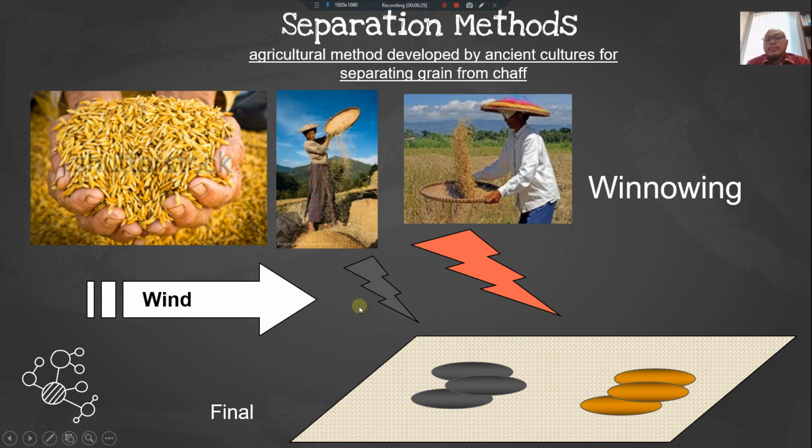For example, we have rice and chaff. Through the mechanical, repeated action, we can remove the chaff from our rice grain. This example is mechanical winnowing, what we call the process of winnowing.